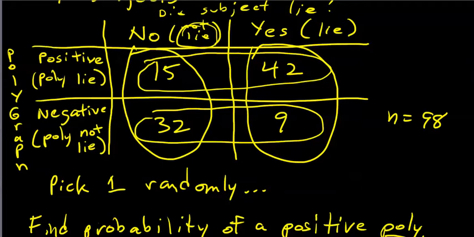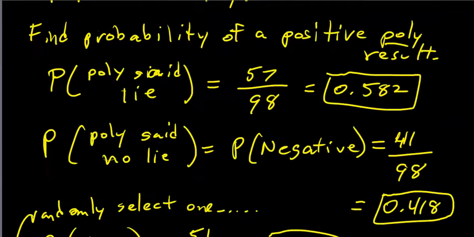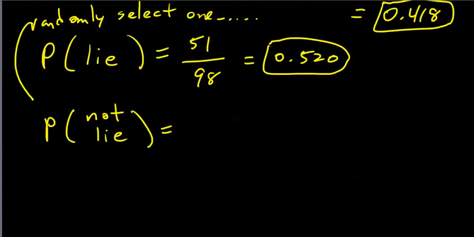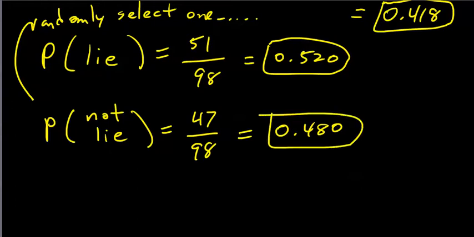And again, whether the machine catches them or not, that's another story. There's 47 not liars in this study, and there's 98 people total in the study. So I'll just take 47 not liars divided by a total of 98 people, and I get 0.480. And box my answer and go on.